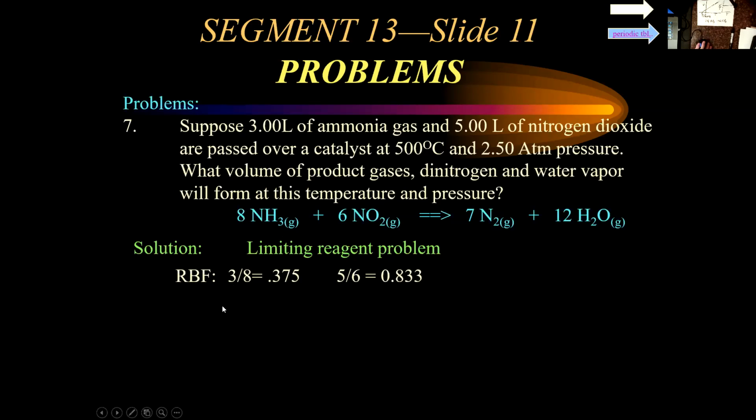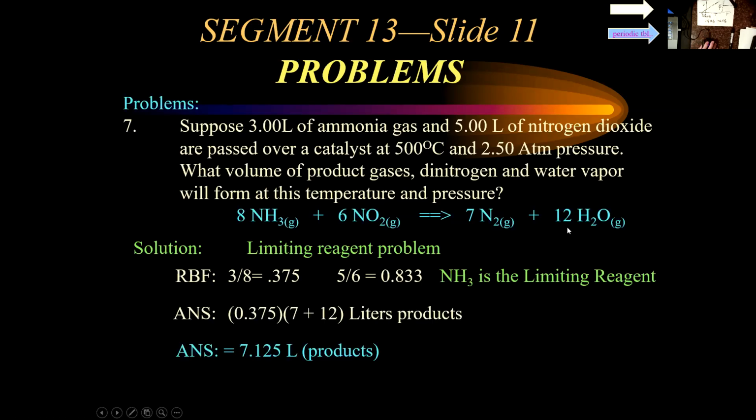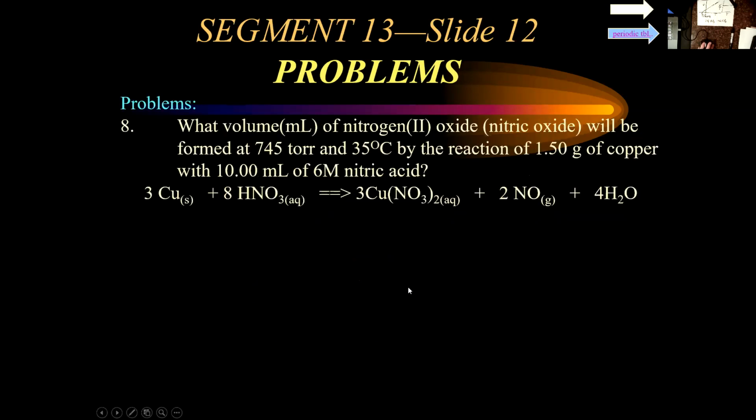So I'm going to take that and multiply by 7 liters. That gives me the nitrogen value. And times 12 would give me the water vapor value. So the total volume of the products would be 0.375 times 7 plus 12, which is 7.125 liters.